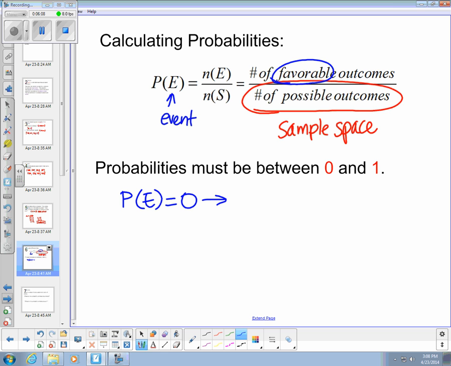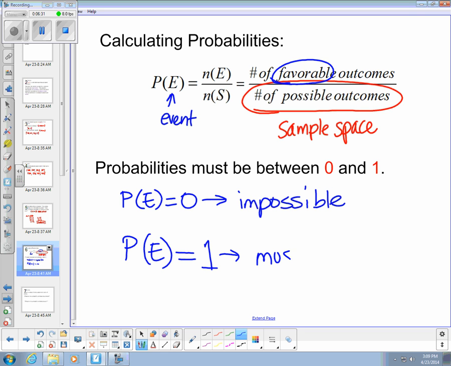Well, it means basically that that's impossible. It can't happen. Okay, so it basically will not happen. If the probability of an event equals 1, what does that mean? Well, if the probability is 1, then that means that it must happen. It's a sure thing.